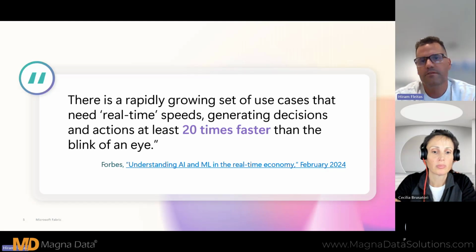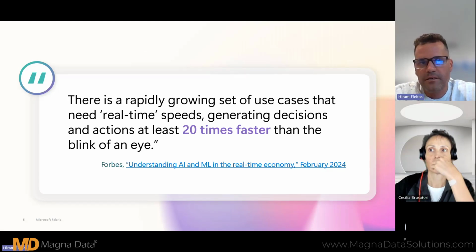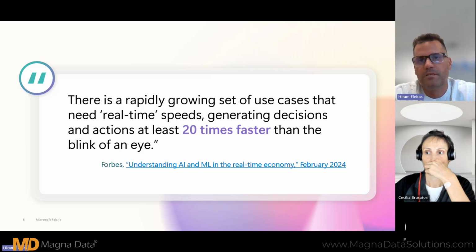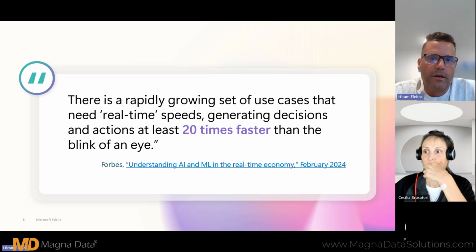So the context to this type of data is that it's growing very rapidly. The context of this data is that everyone has a cell phone nowadays. A lot of our day-to-day life is connected to the internet.